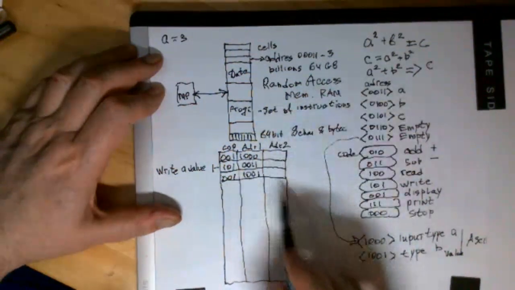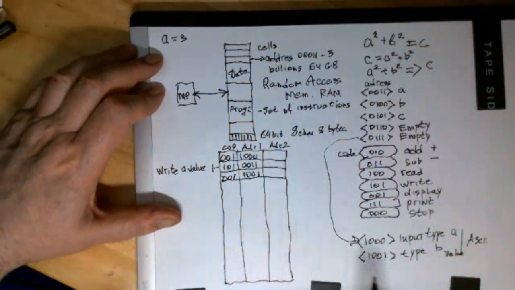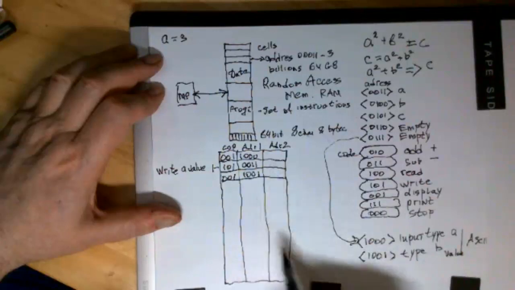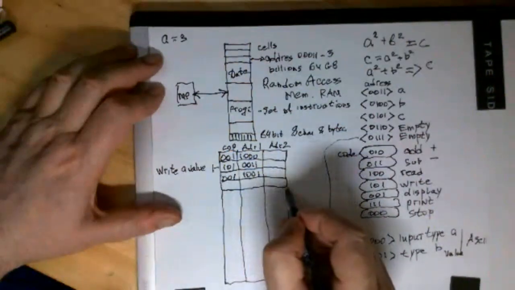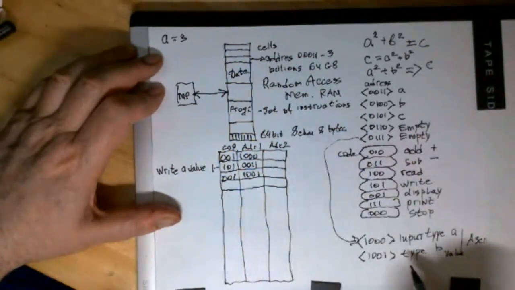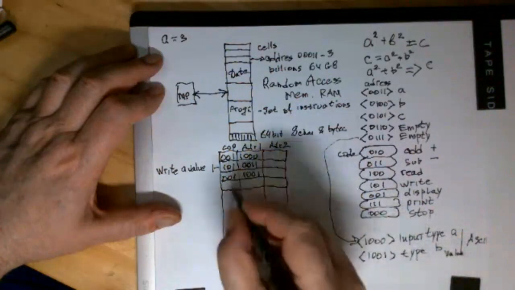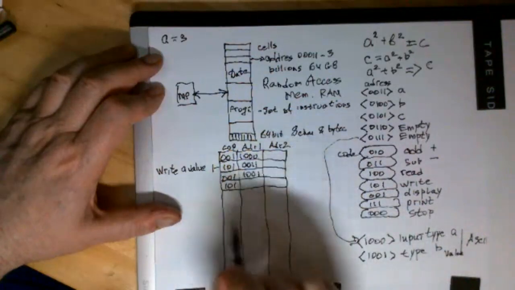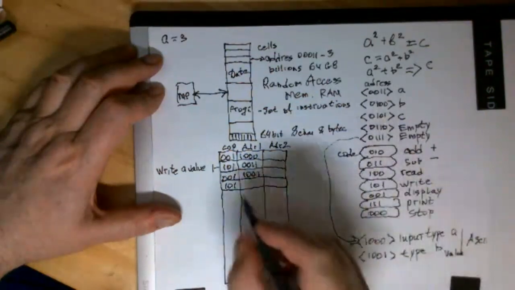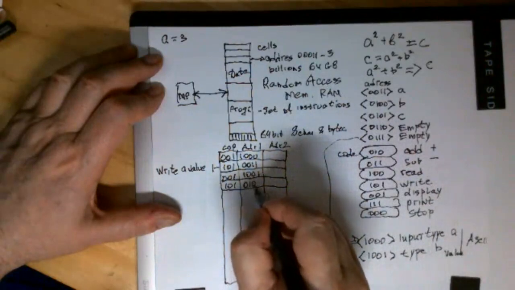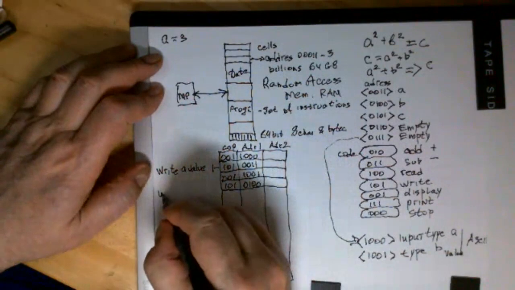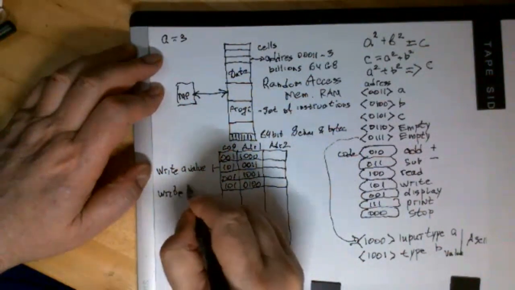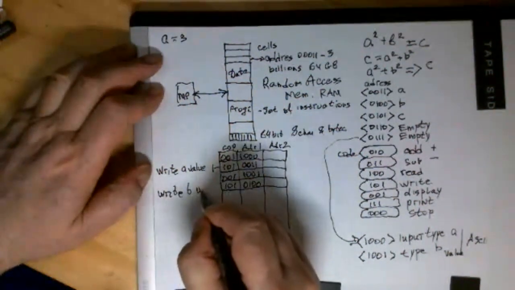And again, the address for the third column will be not in use. So next I need to write down the B value, and the writing will be 101, and I need to put it in B, and B is 0100, and that is the B cell. And here I put write B value.